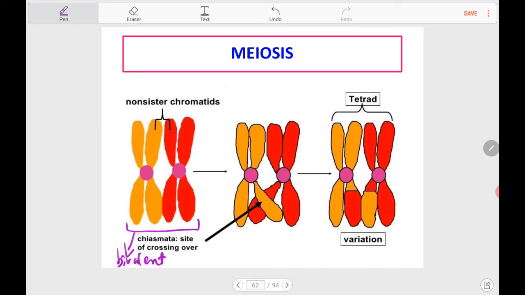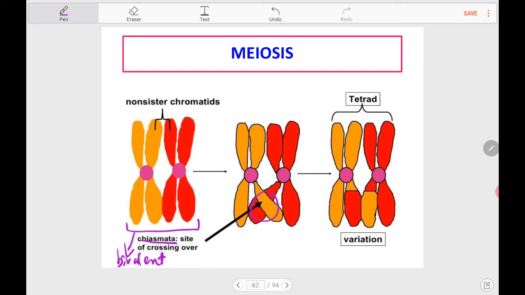Because of these two homologous chromosomes sitting next to each other in a bivalent, there is a chance where the genetic material will transfer between the non-sister chromatids. So this is yang kita panggil tadi sebagai chiasmata. So dekat chiasmata ni lah akan berlakunya exchange of genetic material yang kita panggil sebagai crossing over.